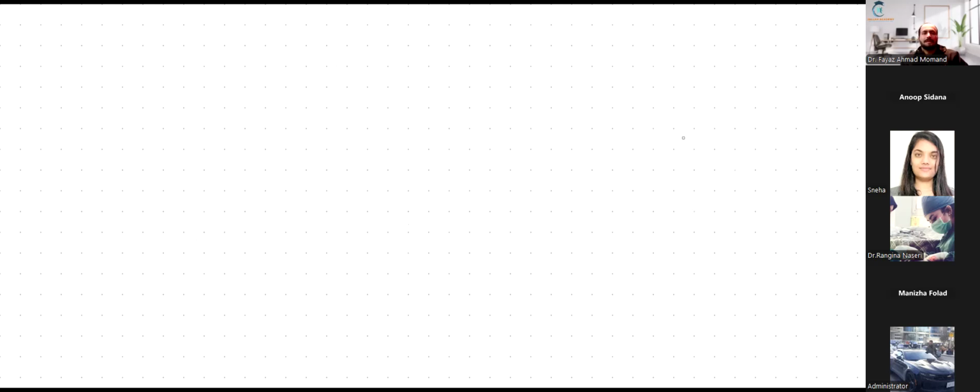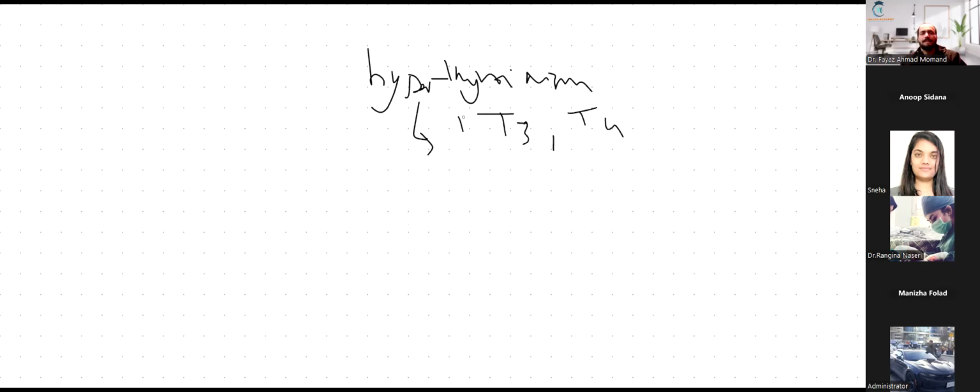Moving on to hyperthyroidism. In this case, T3 or T4 or both will be high, and in compensation you will see that TSH is low.